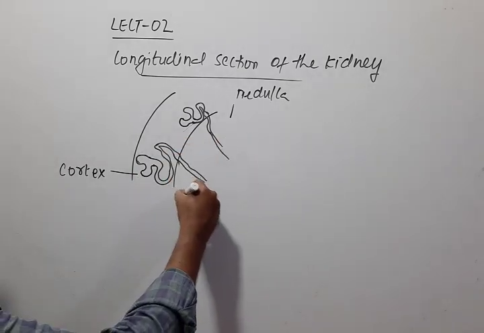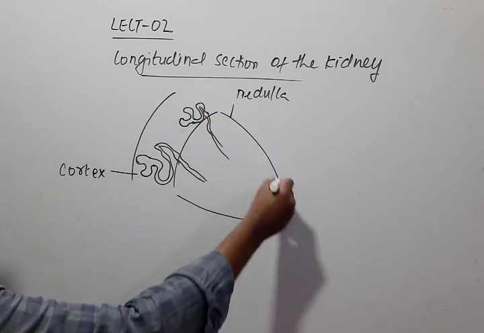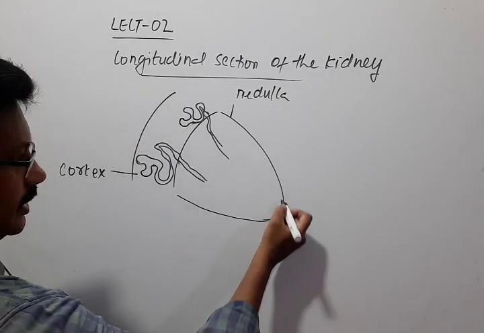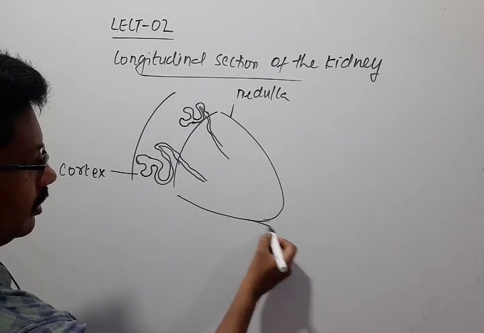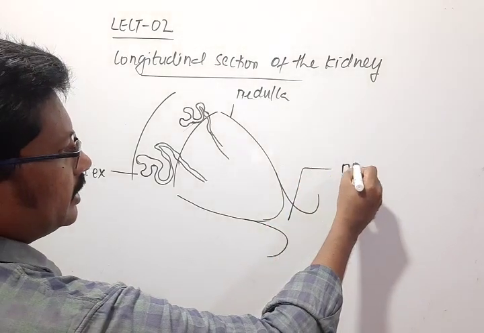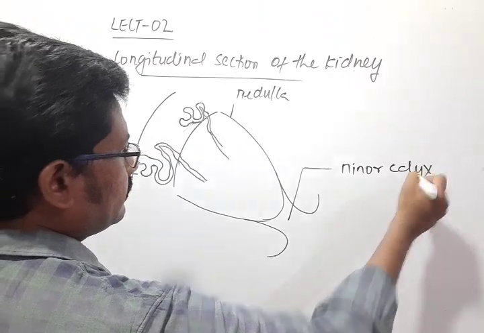So this will be the renal pyramid, how it looks like. This is the tip of that renal pyramid, which opens into the minor calyx.